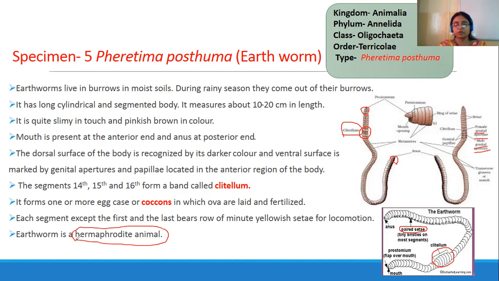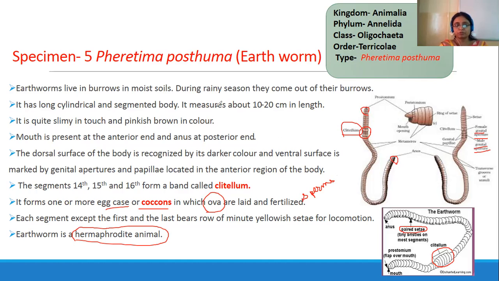So this clitellum actually produces one or more cocoons, or egg cases, which are filled with the ova, and later these ova get fertilized by the sperms from another earthworm. So in this way they ensure cross fertilization, in spite of being a hermaphrodite animal. Fine.